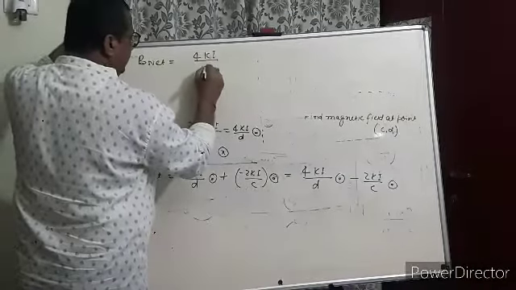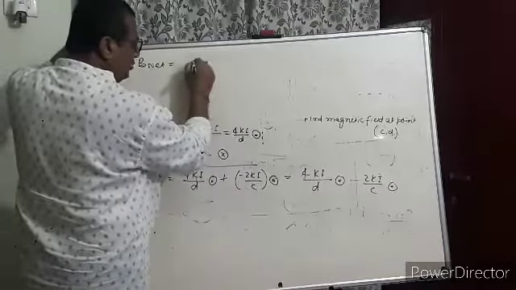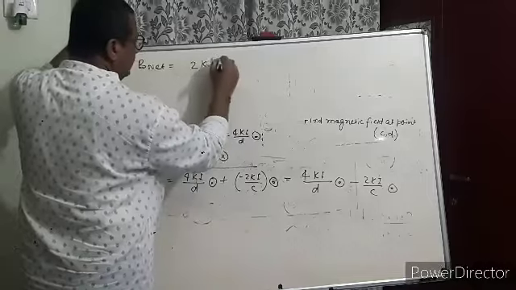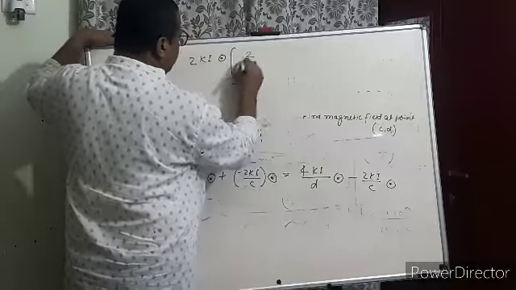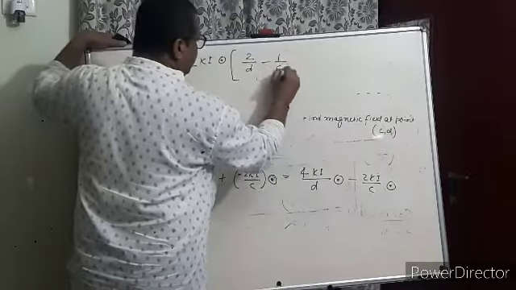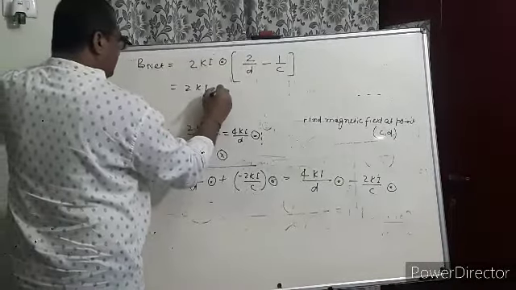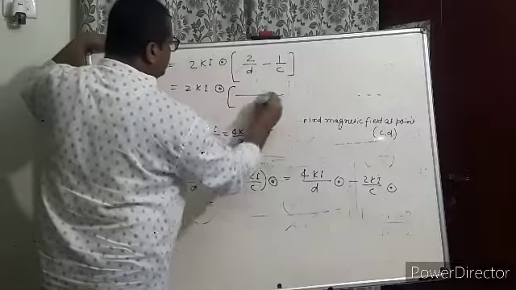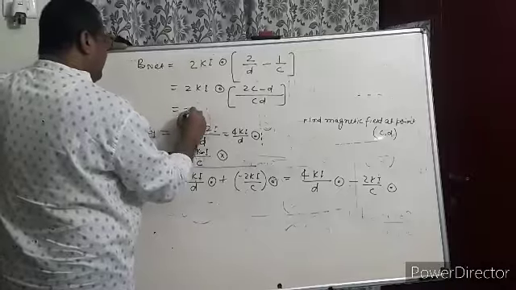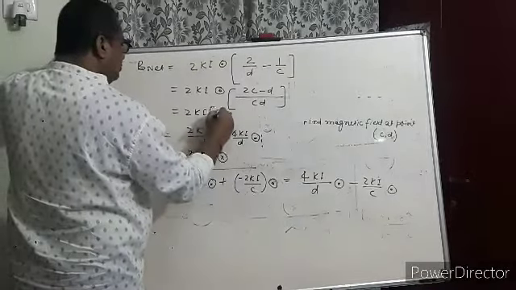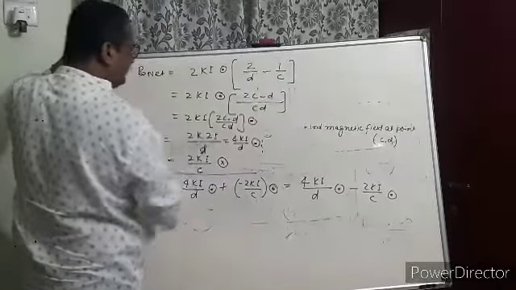We take 2Ki outward as common. This will be equal to 2Ki (2 by D minus 1 by C), which is equal to 2Ki outward times (2C minus D) divided by CD. So the net magnetic field will be equal to 2Ki (2C minus D) divided by CD, outward.